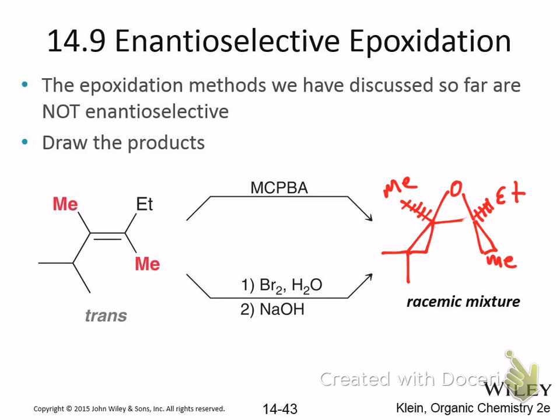Now, it says a racemic mixture because the oxygen doesn't have to just add from this side. It can also add from the bottom. And when you add it from the bottom, you're going to still have, let me do it like this again, I'm just going to redraw the original structure.